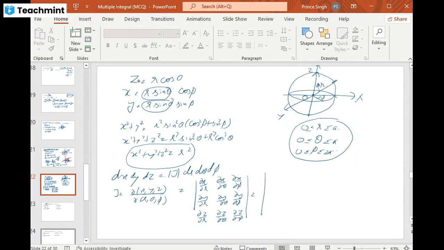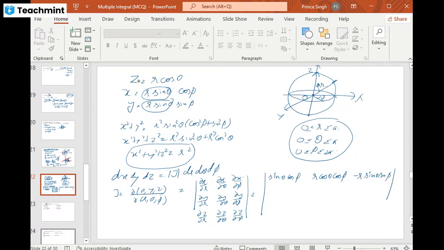If we solve this, what is the derivative of x with respect to r? This is sine theta cos phi. Derivative of x with respect to theta is r cos theta cos phi. And derivative of x with respect to phi: r sine theta is constant, derivative of cos phi is minus sine phi, so it is minus r sine theta sine phi.